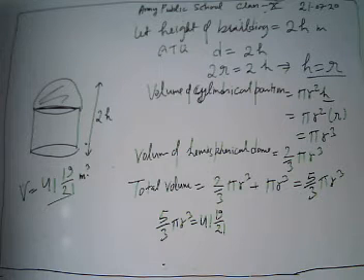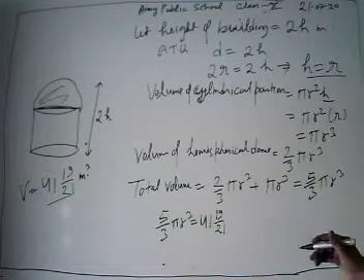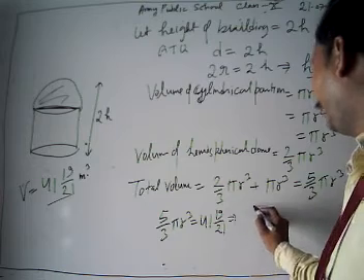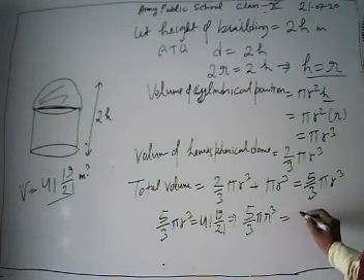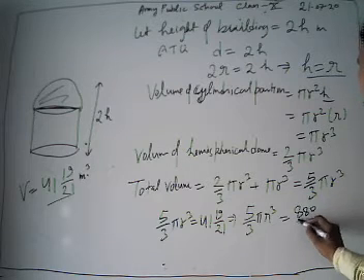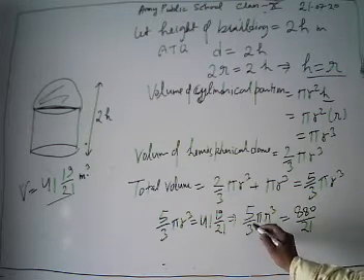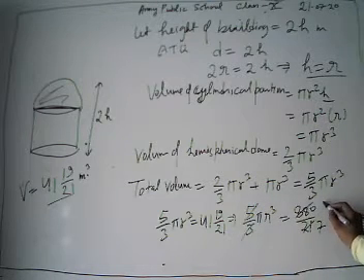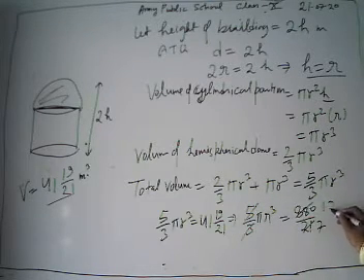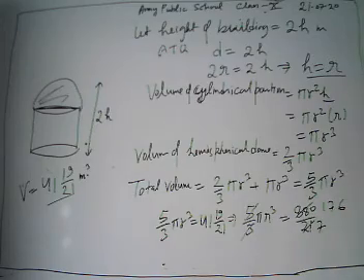Then we get 5 by 3 pi r cube equal to 880 upon 21.